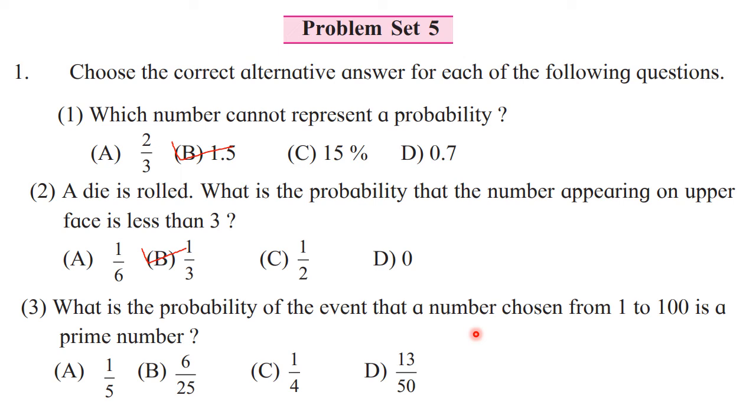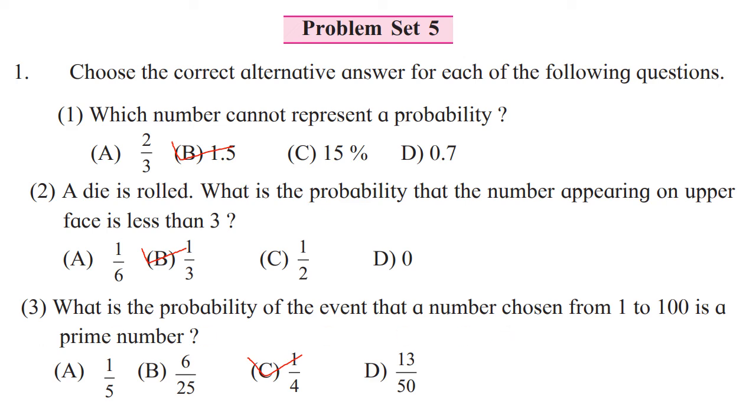Okay, so here n of A is 25 and numbers are from 1 to 100 means n of S is 100. So the probability here is 25 upon 100, that is 1 upon 4. So option C is the correct option here. Okay, but here you must know that there are 25 prime numbers from 1 to 100.